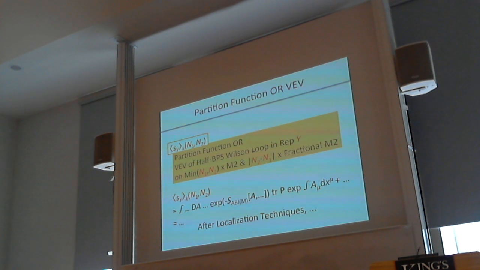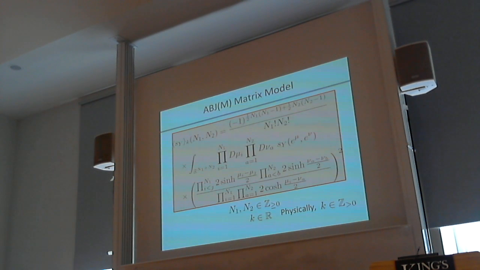So let us define the S_Y bracket to be the partition function or vacuum expectation value of the half-BPS Wilson loop in representation Y in this theory. Originally this vacuum expectation value is expressed as an infinite dimensional path integral. By using localization techniques, we can reduce it to a finite dimensional integral, just a numerical factor.